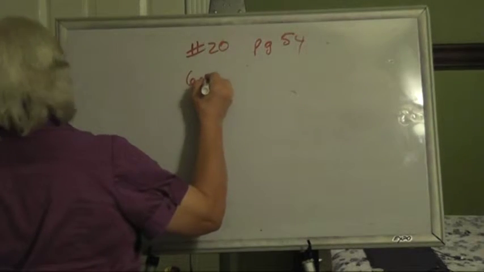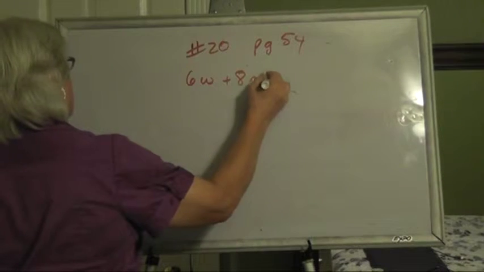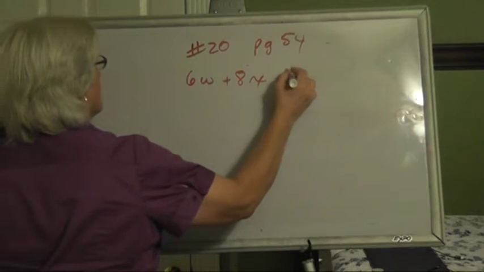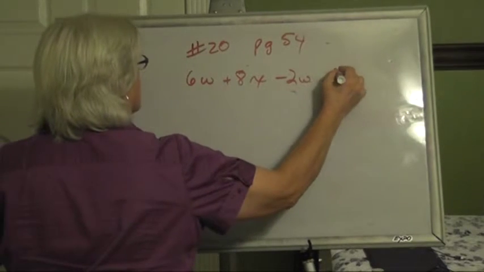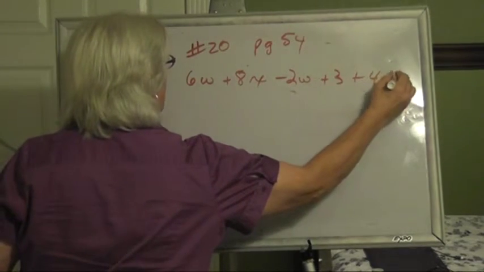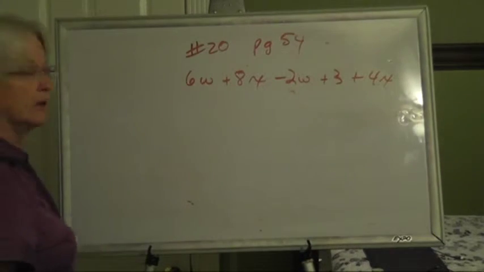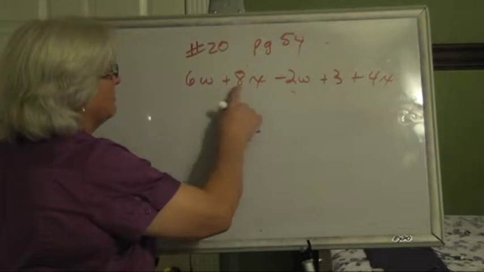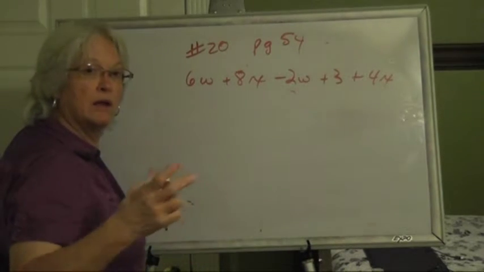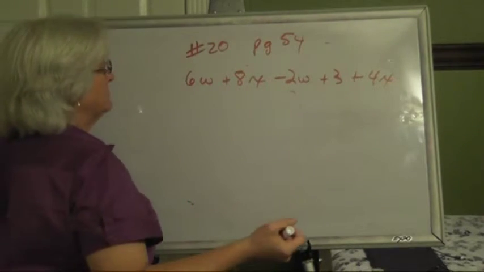This says 6w plus 8x minus 2w plus 3 plus 4x. Okay? 5 different terms here. W, x, and a number all by itself.